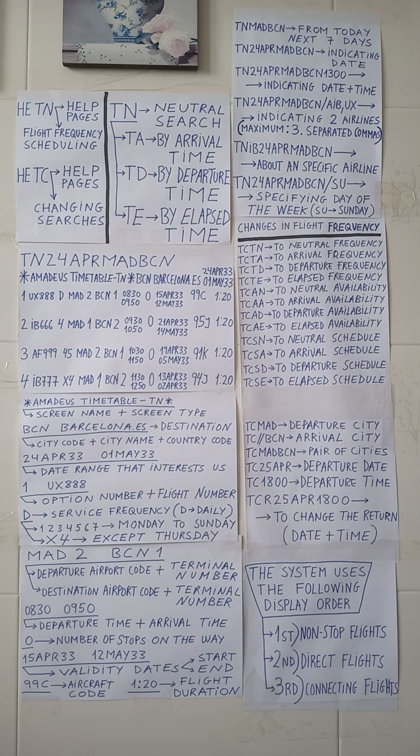We ask the system to show us the options available for the next 7 days, taking as a reference the first day of April 24 that is on the calendar from the day we are. The maximum number of airlines we can add after the bar is a total of 3. The 3 airline codes must be separated by commas. The letter A is only written in front of the code of the first airline.